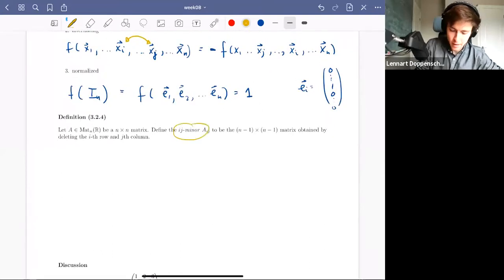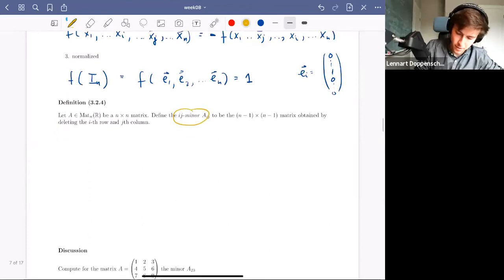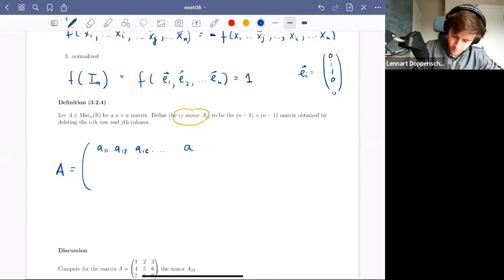So if you have a matrix, and this is just very general, let's just call this A with entries A11, A12, A13, all the way to A1n. There's some A1j, A1j plus 1, A1n.